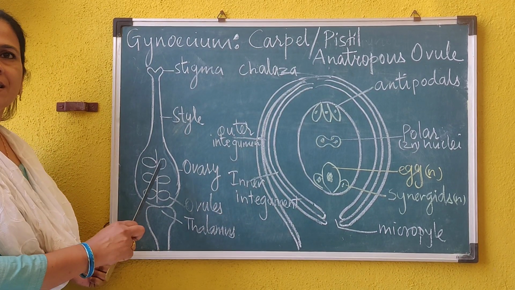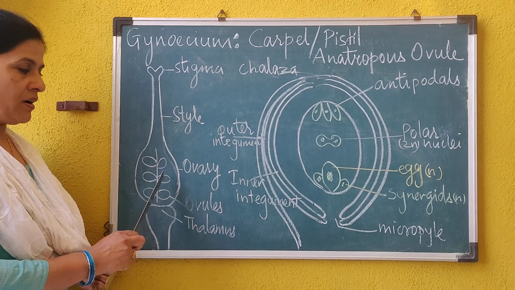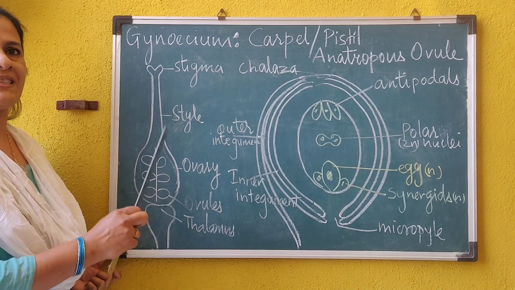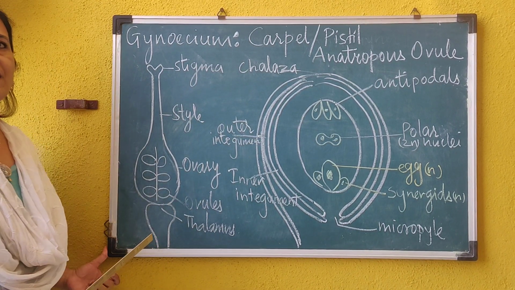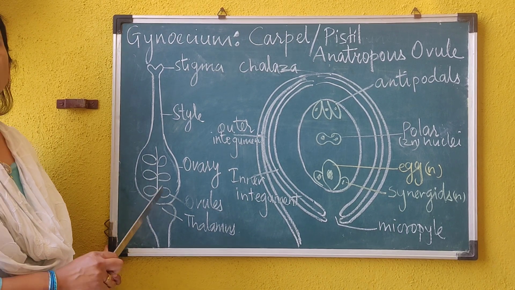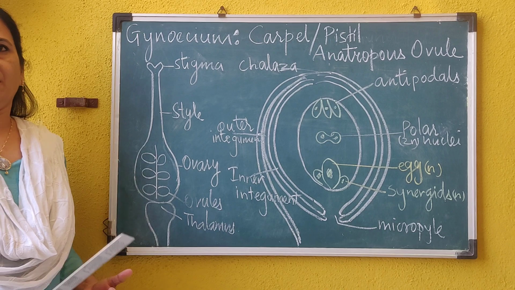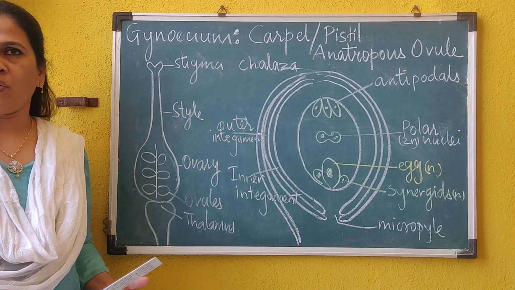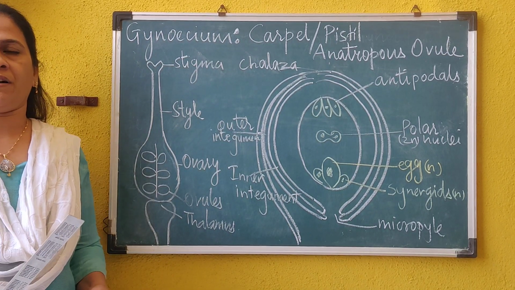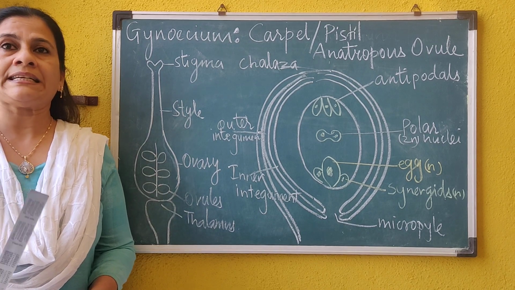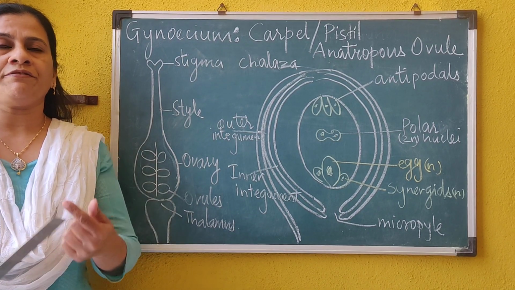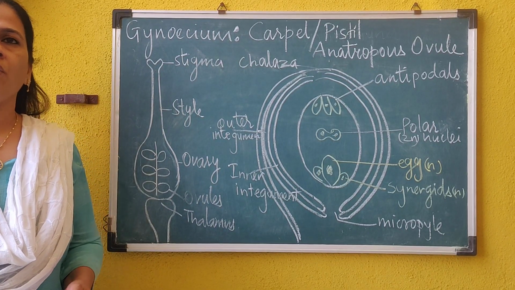There can be a single locule with a single ovule. It is called as uniloculate or uniovulate, which is observed in plants like rice, wheat and mango. You can observe in mango fruit there is only one seed. Seed is nothing but the future of the ovule.